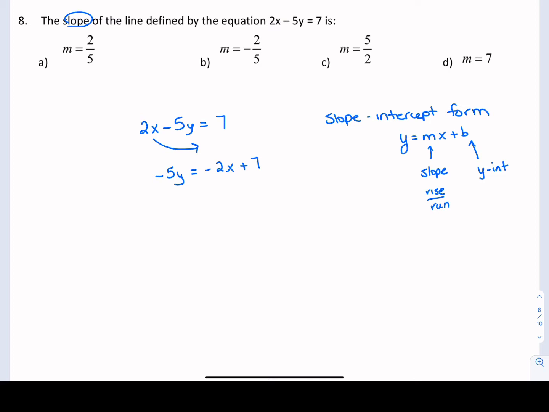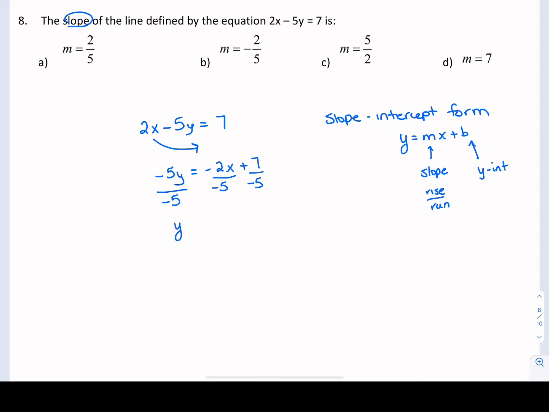This means we have -5 being multiplied by y, so to undo multiplication, you have to do the opposite, which means we're going to divide by -5. But we can't just divide the left side by -5. You have to divide everything by -5. So you can do that as individual terms, or you can do that as a complete side.